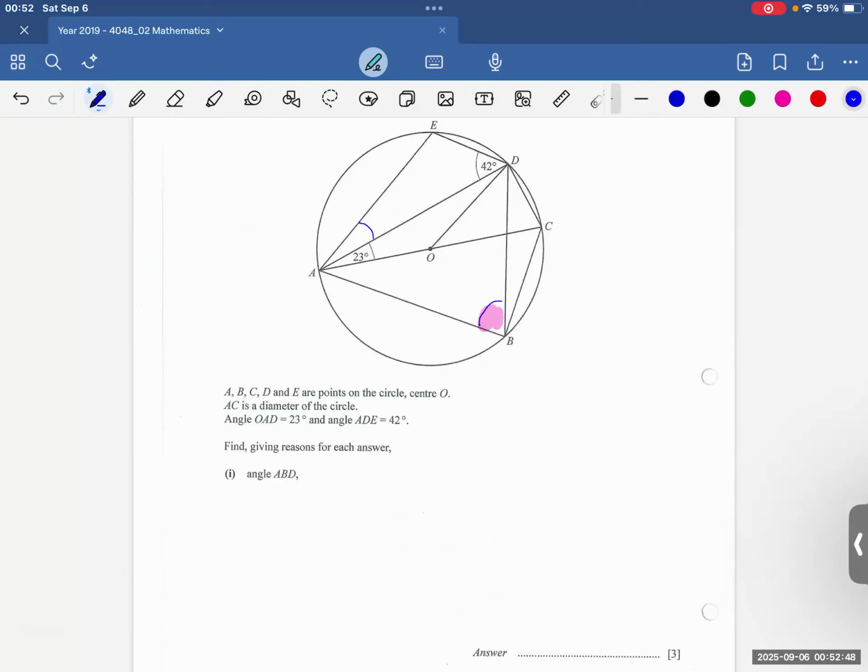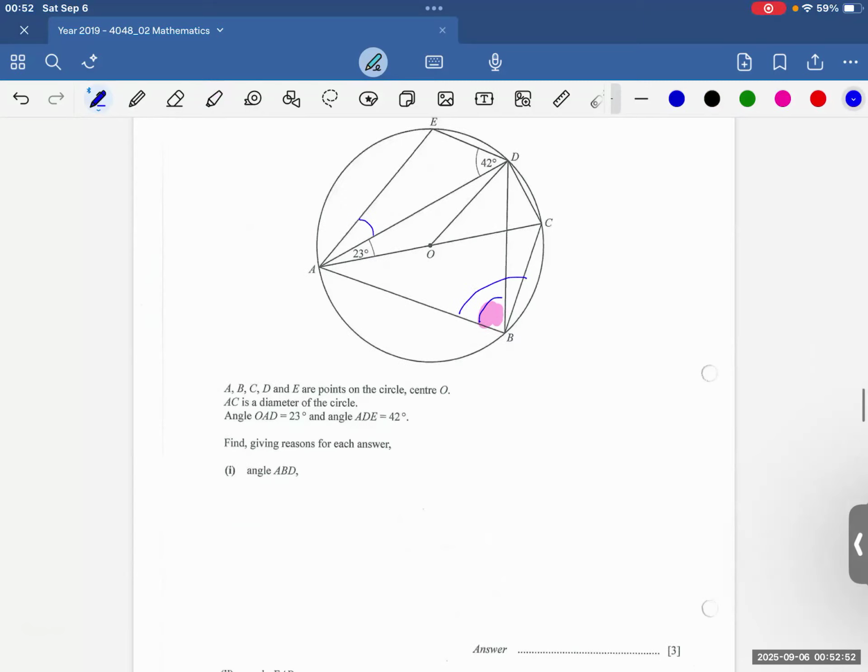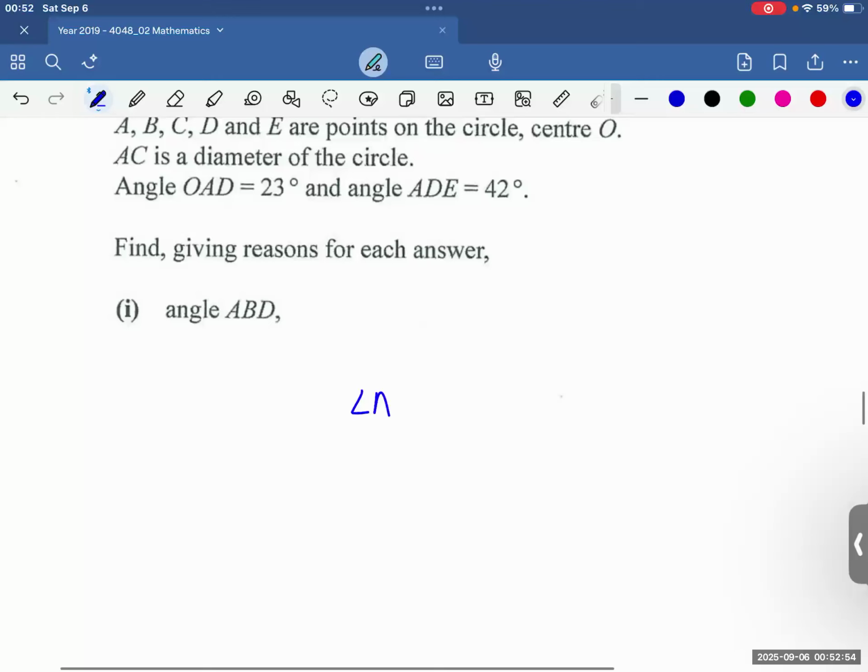First we know that angle ABC, which is this entire thing here, is 90 degrees. Let me write it down. Why? Because it's an angle in a semicircle.